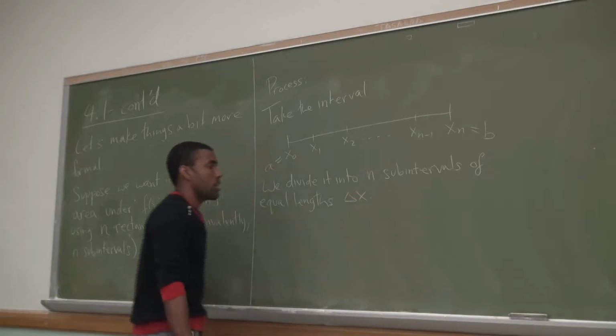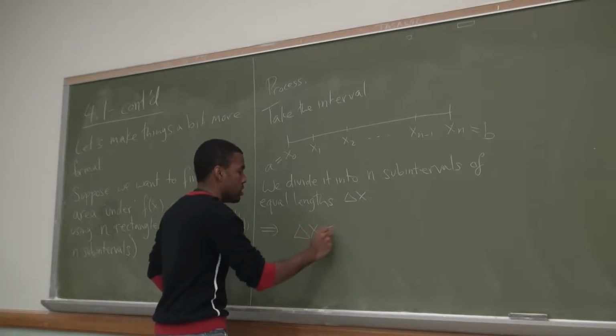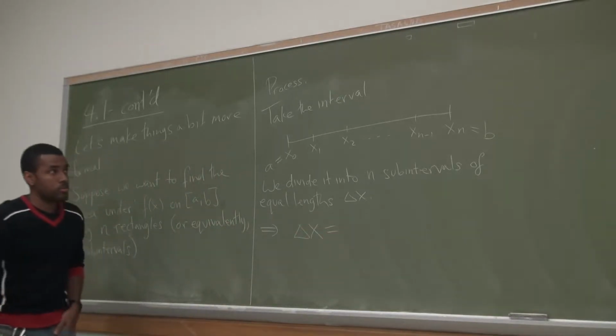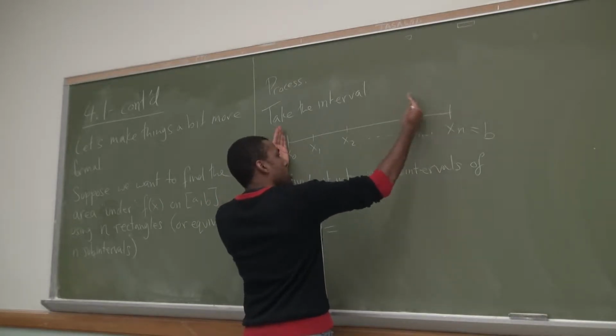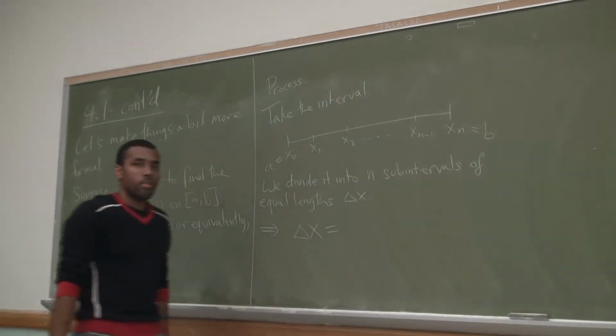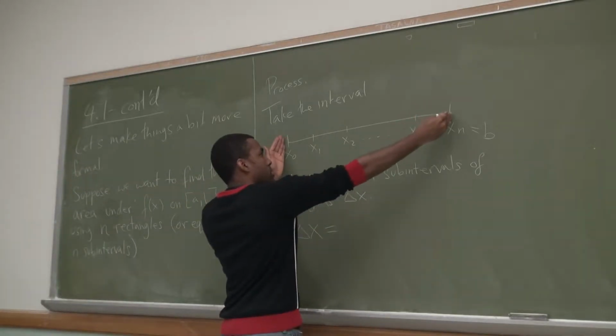Delta x. Can you give me an equation for delta x? I want to take this interval, having this length, and cut it into n equal parts. It's b minus a, divided by n. You take the length of this, divided by n.